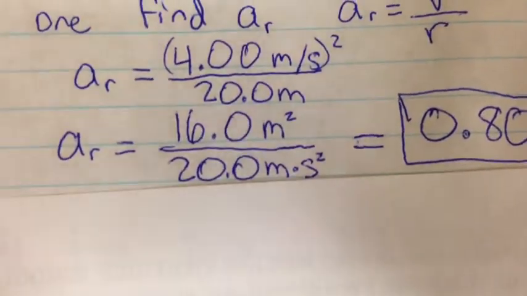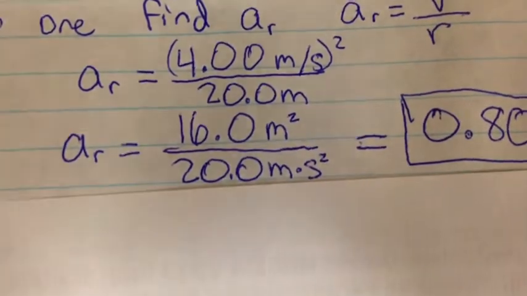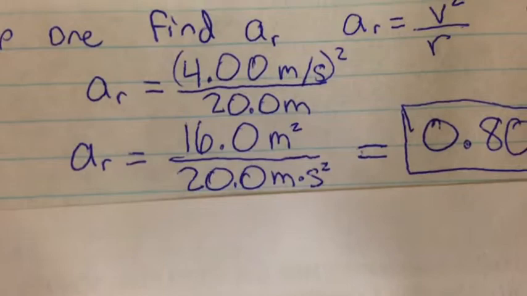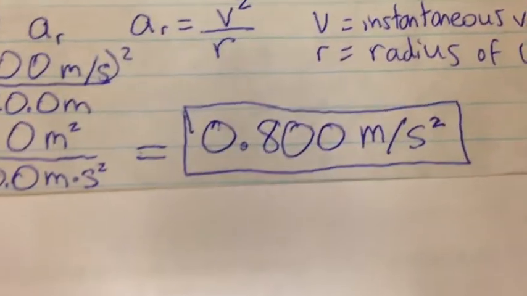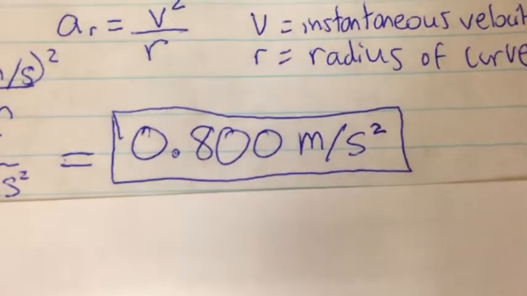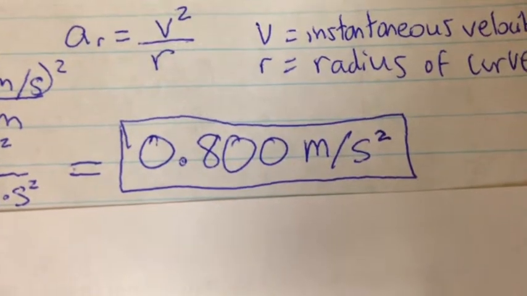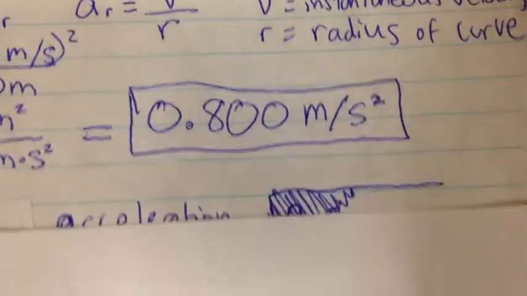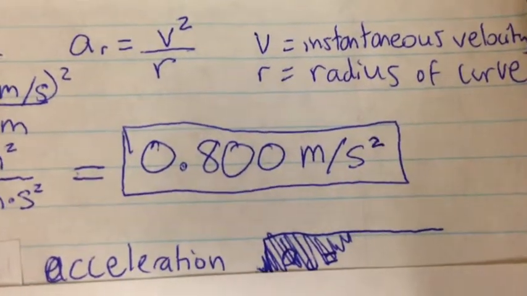Simplifying this gives us 16.0 meters squared over 20.0 meters times seconds squared. Solving this brings us to 0.800 meters per second squared as the centripetal acceleration.